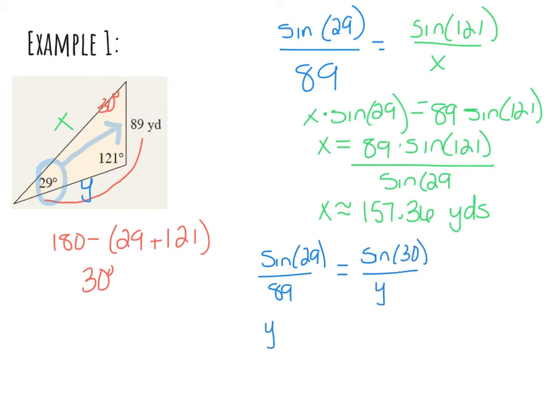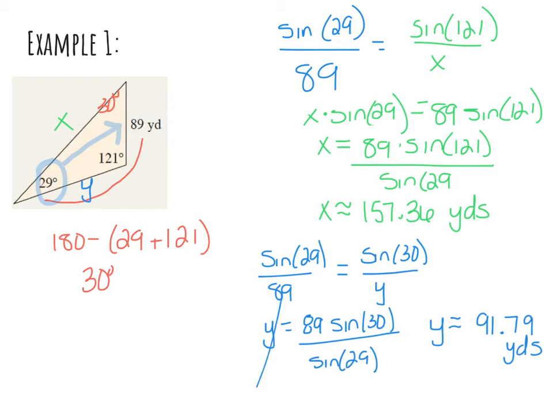Again, cross multiply, and then divide by that sine of 29 to isolate the y. I did it in 2 steps up top. I'm going to skip that step from here on out. Once we isolate the y, then we grab our graphing calculator, type that into the calculator, and we get 91.79 yards.